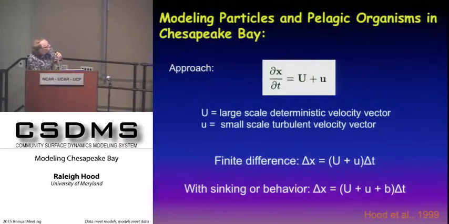So, if you know anything about individual-based modeling, you know that it's fundamentally really simple. And I'm talking about individual-based modeling in a three-dimensional flow field. Okay, so that's the context.